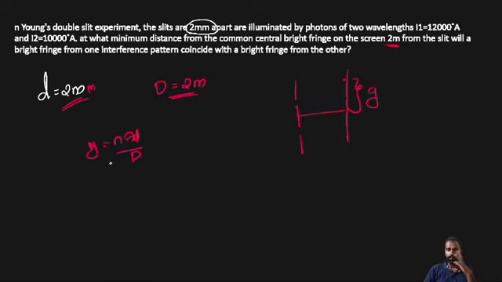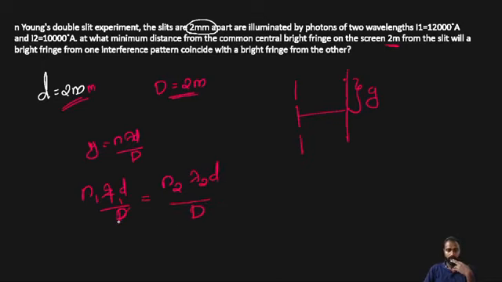So this will be the same when the bright fringe of the first light source coincides with that of the second. So I can write n1, I don't know which order or at what maxima is coinciding, n1 lambda D by d, which is equal to n2, this also I don't know which number is coinciding.